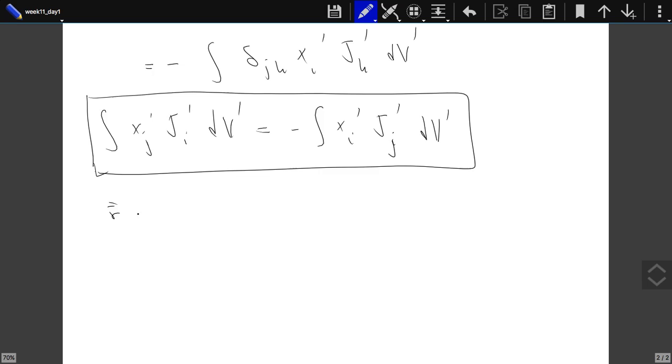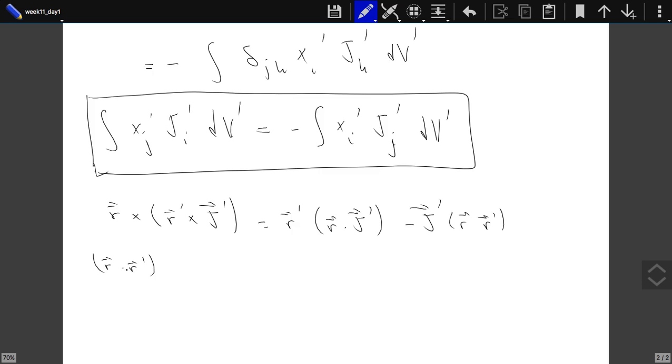Now I will be using this trick, r cross r prime cross j prime. This is equal to r prime times r dot j prime minus j prime times r dot r prime.